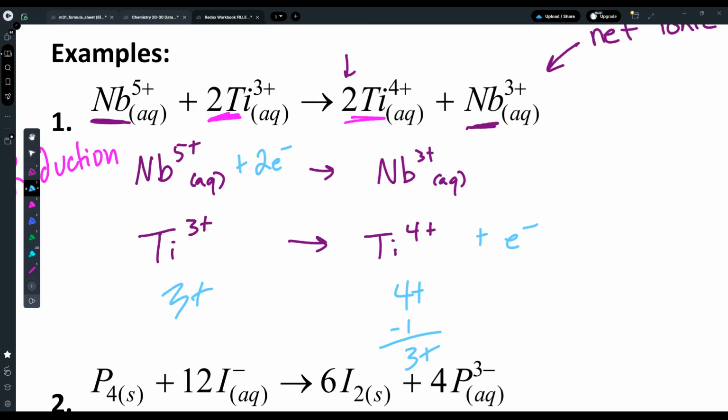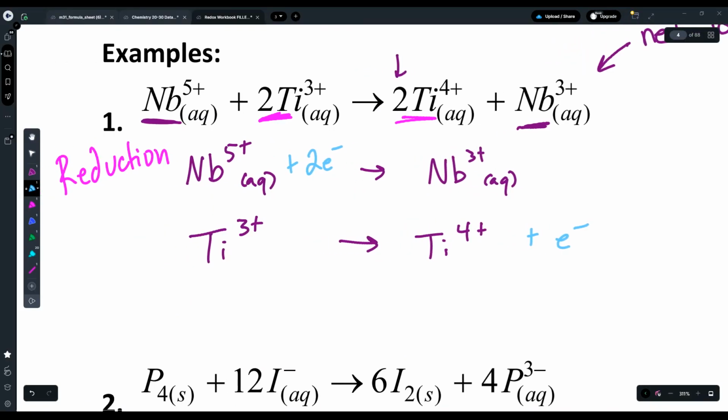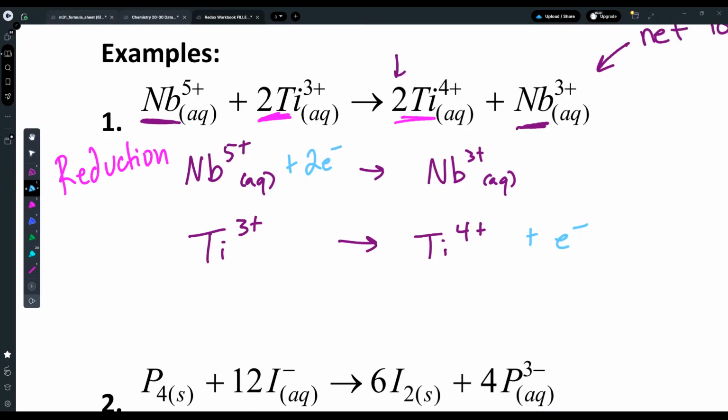So now both the reactant and product side have the same overall charge. So that's done. Now, since I have an electron on the product side, that means that the electrons are being lost. And if we recall, LEO the lion goes GER: losing electrons is oxidation.